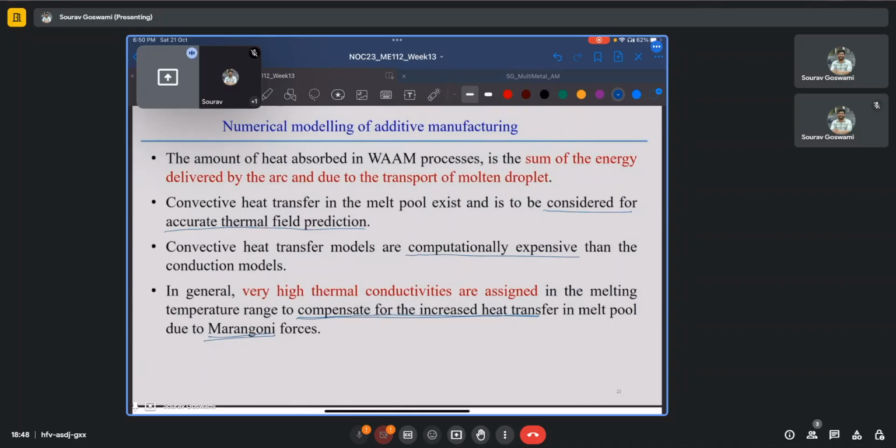So Marangoni convection is basically a surface tension driven fluid flow. Along the top surface of the melt pool, as we are aware, the temperatures will be the highest in the center of the melt pool, whereas the temperatures will be low around the periphery. And as you are well aware, surface tension decreases with a rise in temperature.